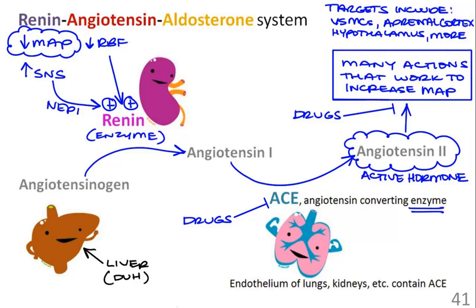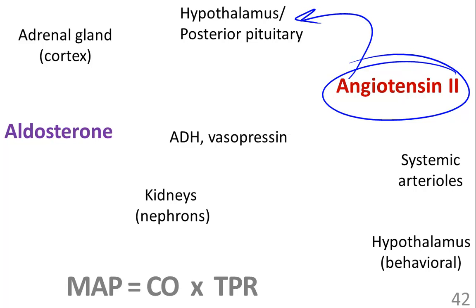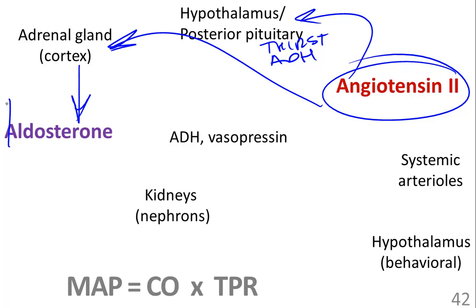And so in case we forgot anything there, I threw in the slide that I drew last year. And so the thing to remember is Ang2 has a lot of effects. It can go up to the hypothalamus and create thirst. It can also cause some ADH secretion. Ang2 can also go to the adrenal cortex and cause aldosterone secretion.